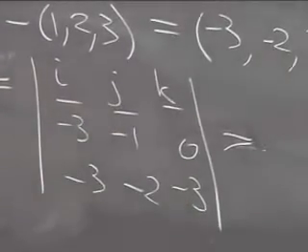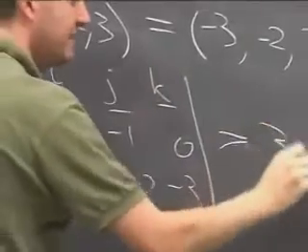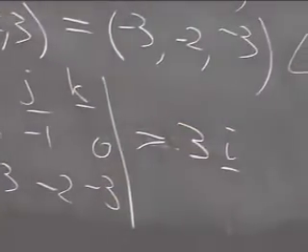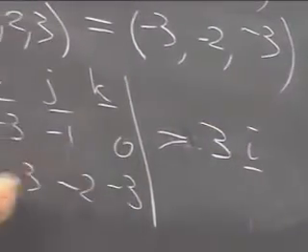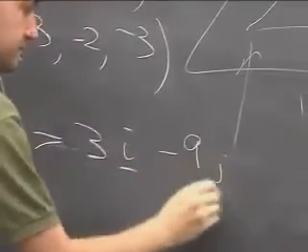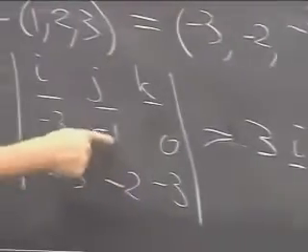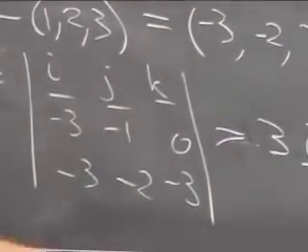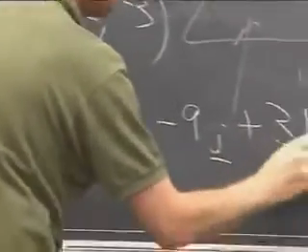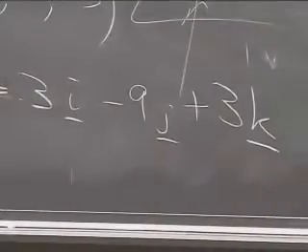Minus 1 times minus 3 is 3. Subtract 0. Okay, so you get 3i. So I was wrong. J, we're going to get 9, and then a 0 there, but there's a minus for the j. And how about a k? K, we're going to get 6 minus 3 is 3. Okay, so we found a normal. It's 3, minus 9, 3.